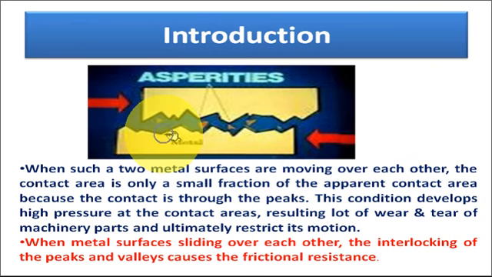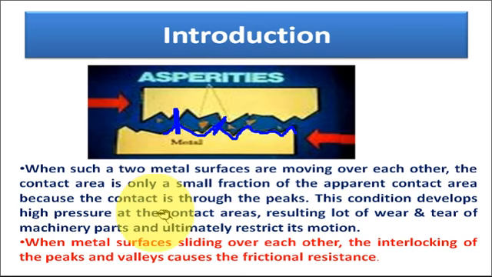Suppose these are the metallic surface peaks. Now if the metal surfaces move over each other, two possibilities may occur. First, both surfaces contact only at the peak area.